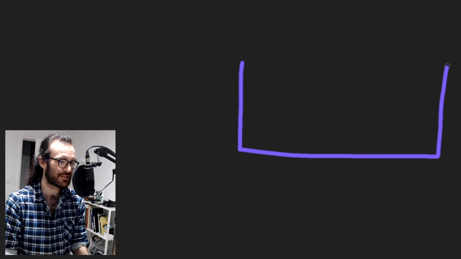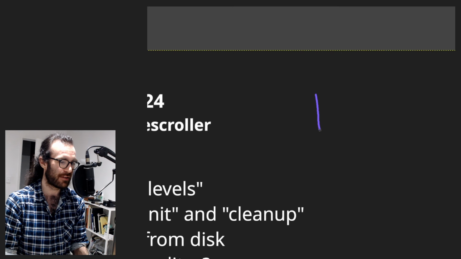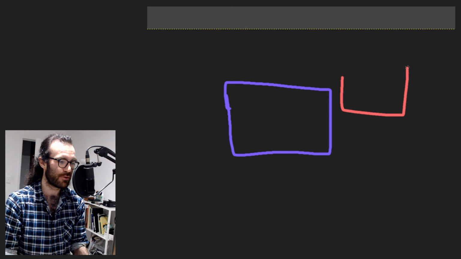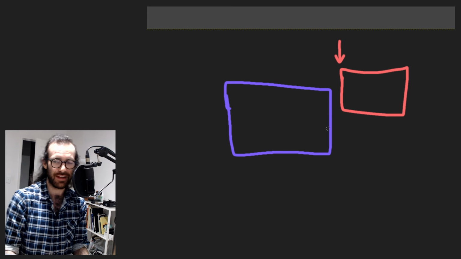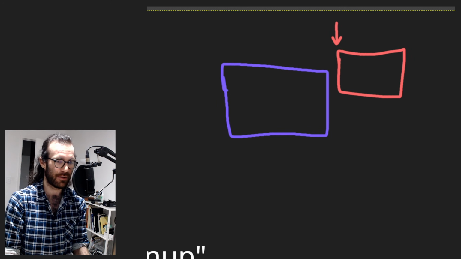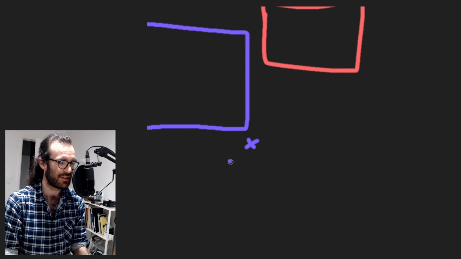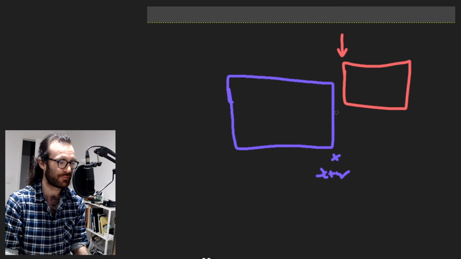Very small pen today. If this is the area of our tile map, and our camera is over here, the X position of the camera is going to be greater than the X plus width of the tile map. This line here is X plus W.